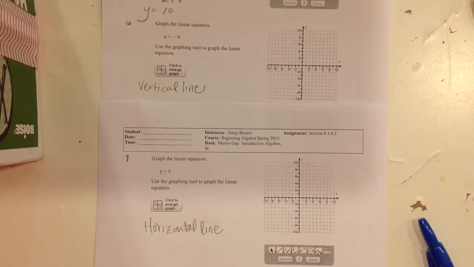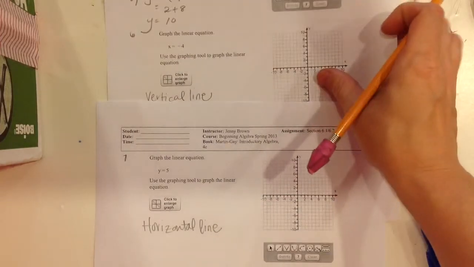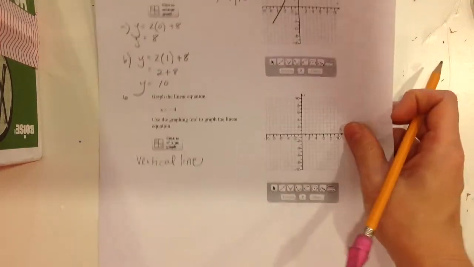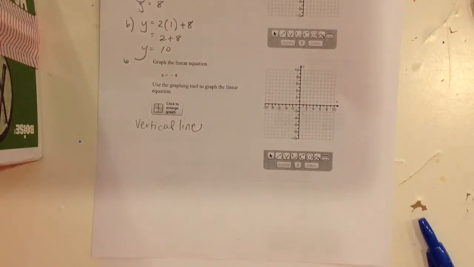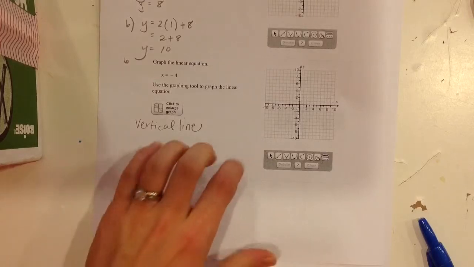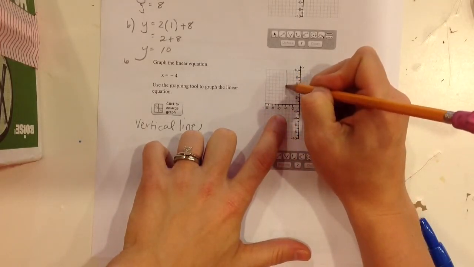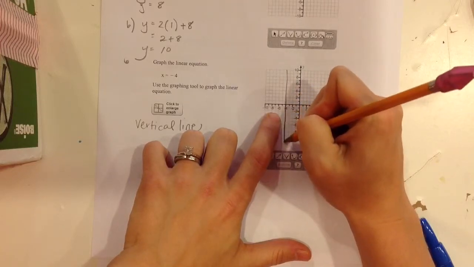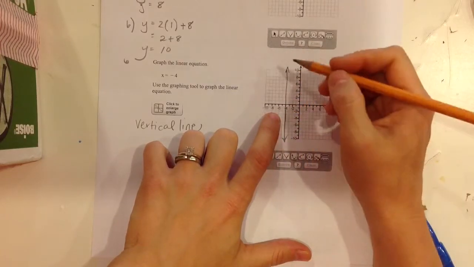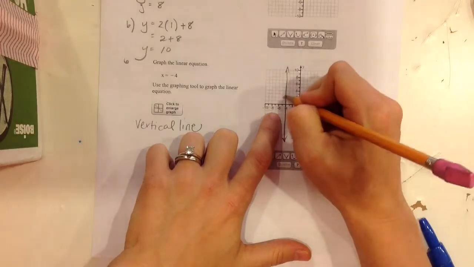So if I have x equals -4, I'm actually going to cover up this horizontal line for a second. If I have x equals -4, where on the x-axis is x -4? Well, right here. So I'm actually going to draw my vertical line right here at x equals -4. Now, let's plot some points.